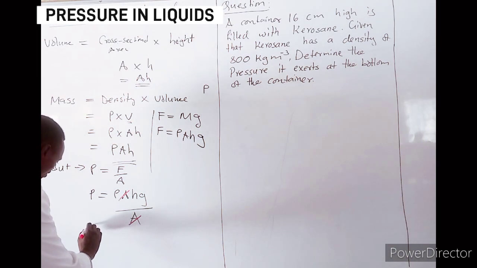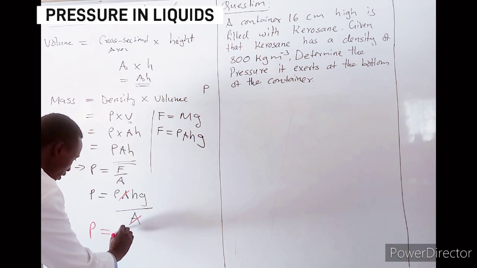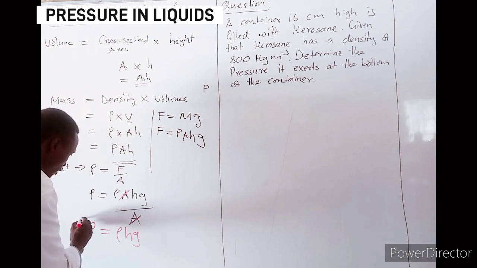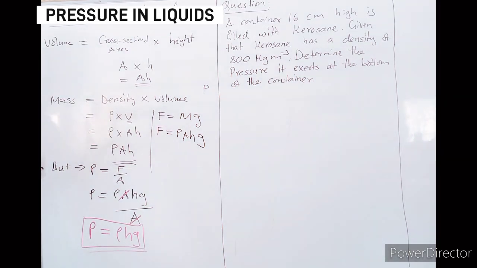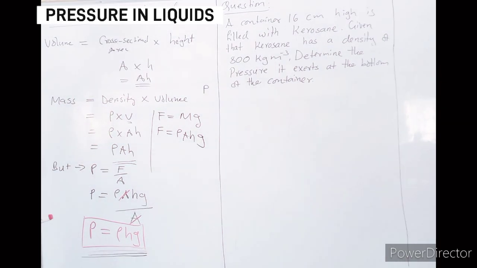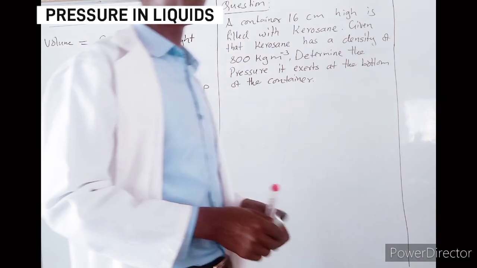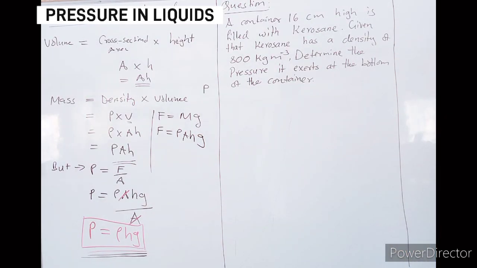Pressure in liquids is given by rho h g, which is density times height times gravity. This is the formula that we are going to dwell on when talking about pressure in liquids.